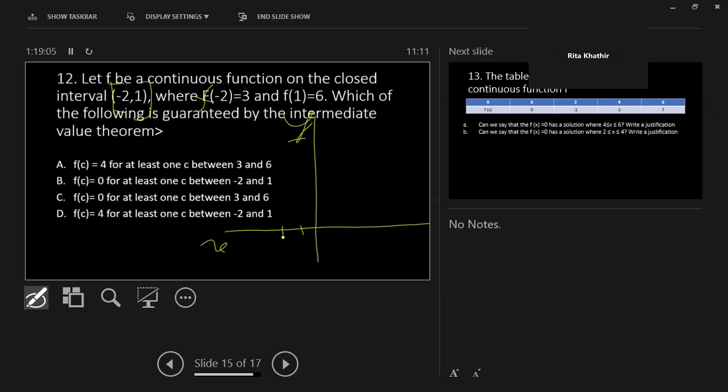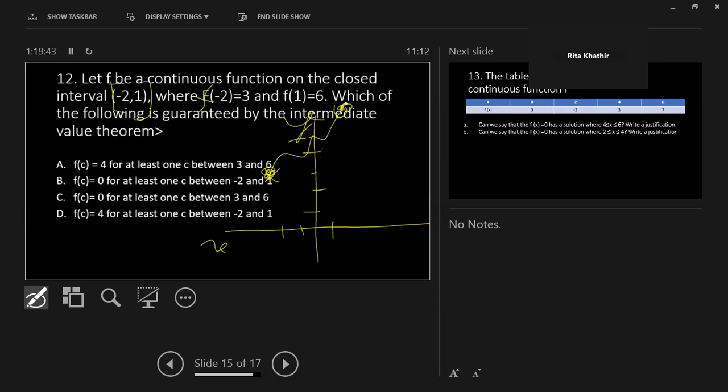And if f of minus 2 is 3, it is somewhere here. And then f of 1 is 6, 4, 5, 6, somewhere here. So then, of course, I have the model between.